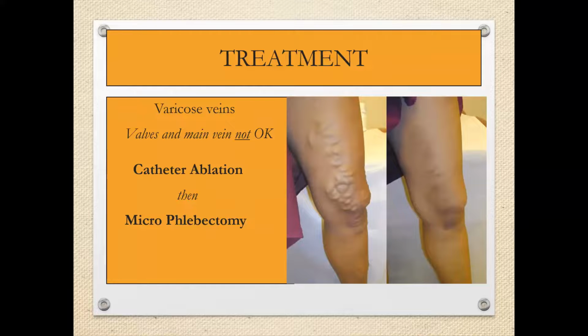Again, you don't feel it because our veins don't have nerves inside. And we put that catheter into the vein and zap it with radiofrequency energy to seal it. And then at the same time, as you see in this woman's thigh, we numb the skin, we make some punctures, and we remove those veins. And then in one session, everything is treated for this patient.